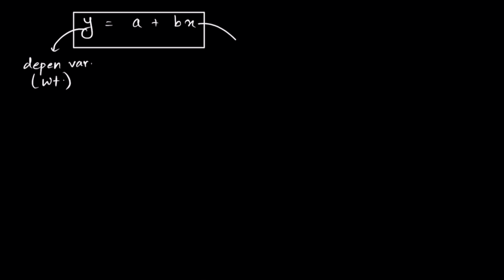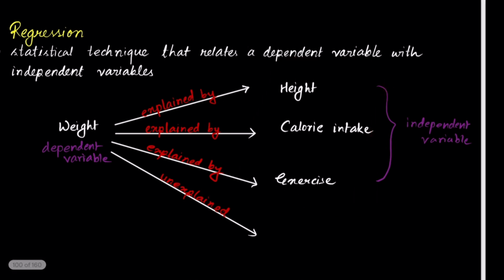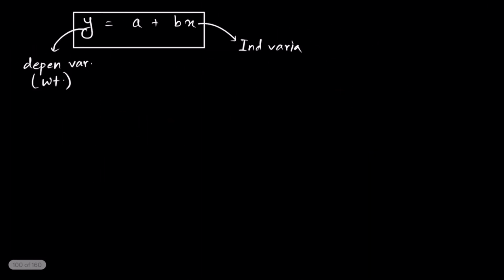X represents the independent variable. There were many independent variables taken under the study. You can take any one of them. For example, it can be height in this case. So you have taken height among various factors. A is a constant and b is what you call the regression coefficient.